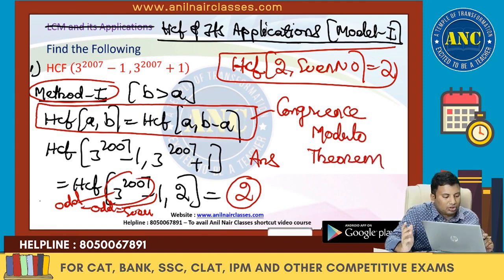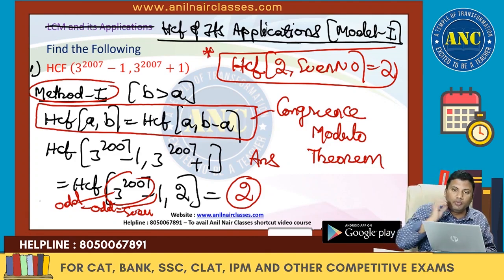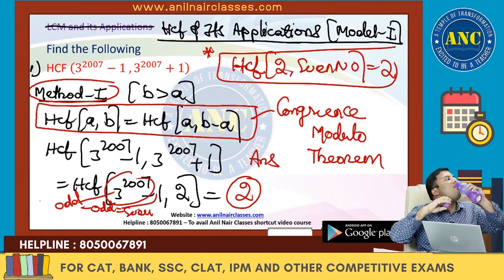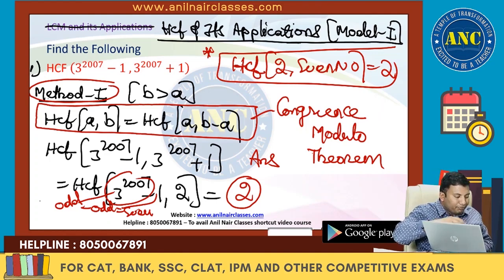Subtracting A from B, I got 2. 2 with any even number, HCF is 2. Method 1, I hope it is clear.